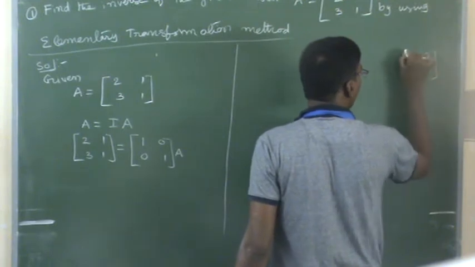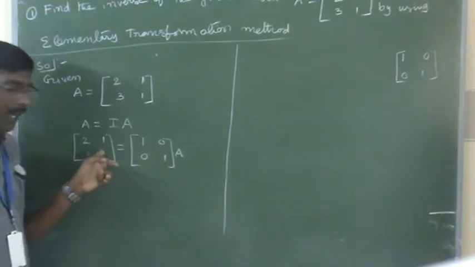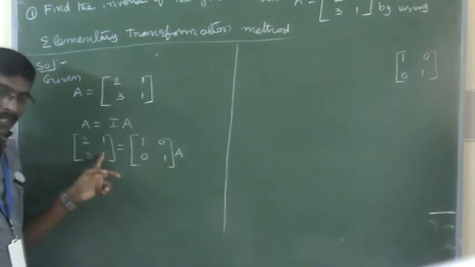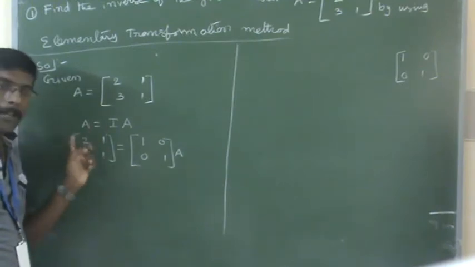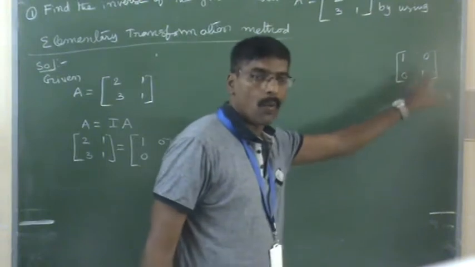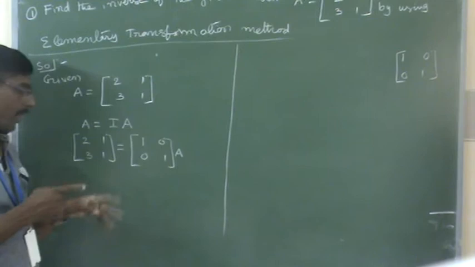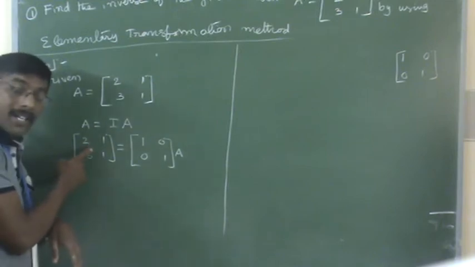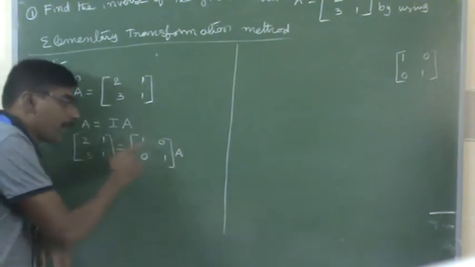By using elementary transformation, the left hand side matrix should be converted to [1, 0; 0, 1]. Whatever elementary operations we apply to the left hand side matrix, the same elementary transformation should also be applied to the right hand side matrix.